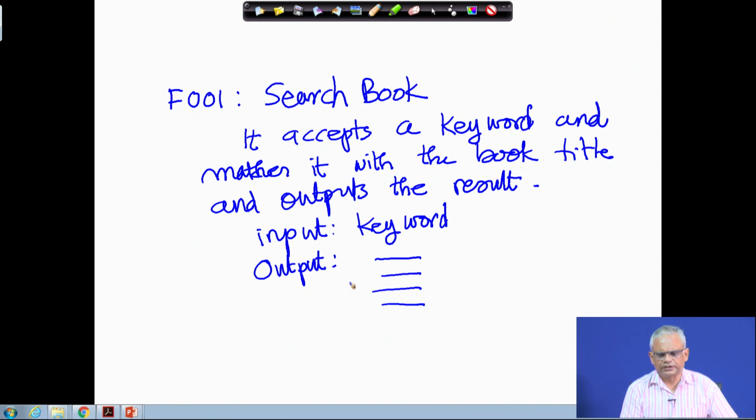For example, if the book does not exist, the title does not match, or it is an invalid title, and so on, what are the outputs that happen, the exceptional conditions and so on. But then this much is acceptable.